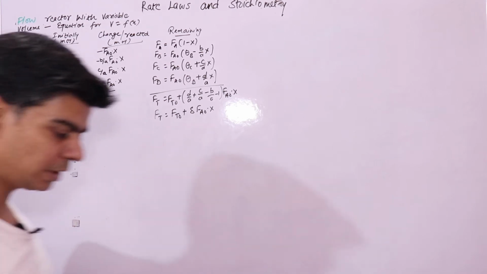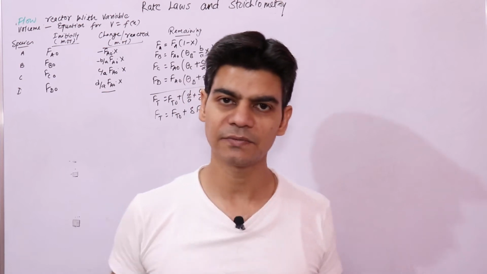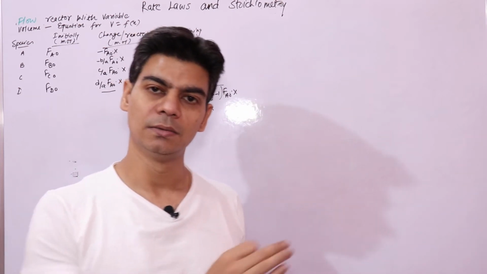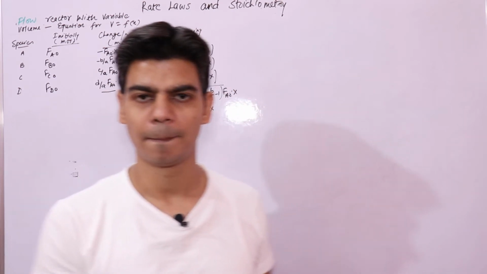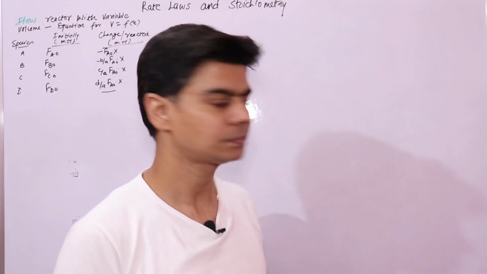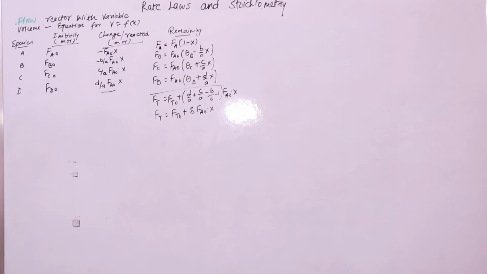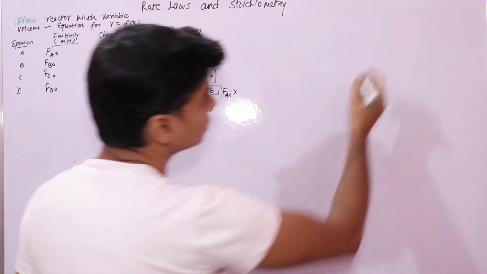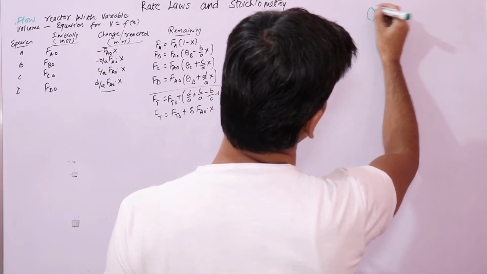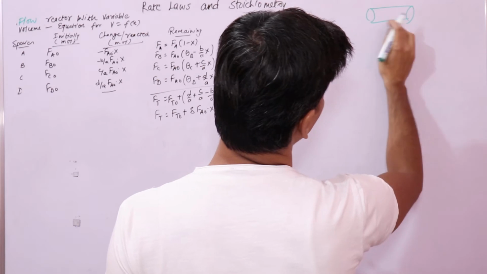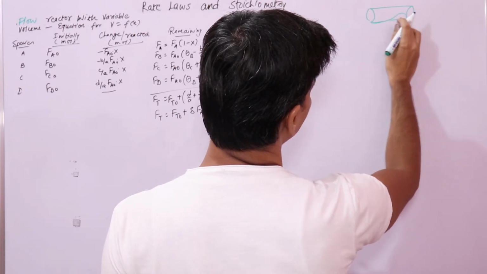And to get the concentration of gas phase reactions, we can use the gas law equation to find the concentration of gaseous reactants. Suppose we have a variable volume reactor, say it has a different shape.